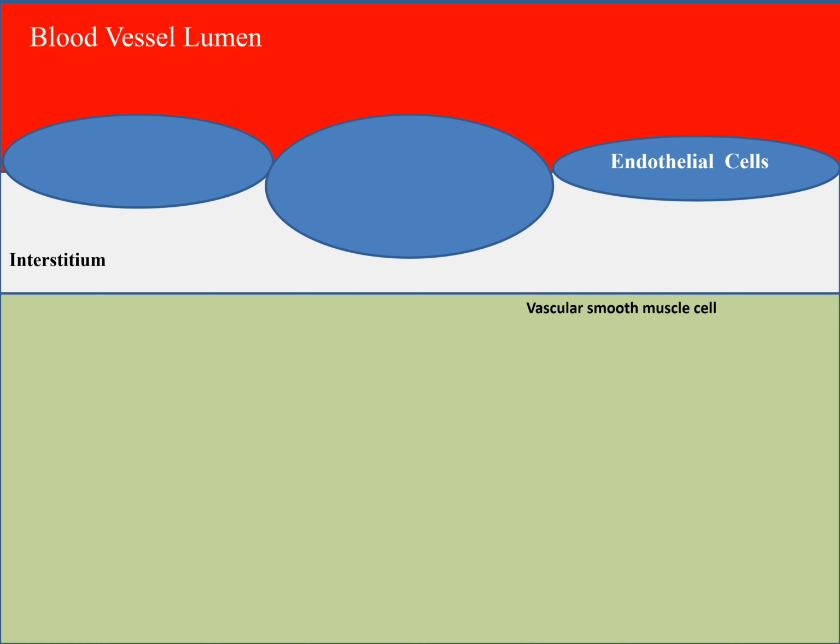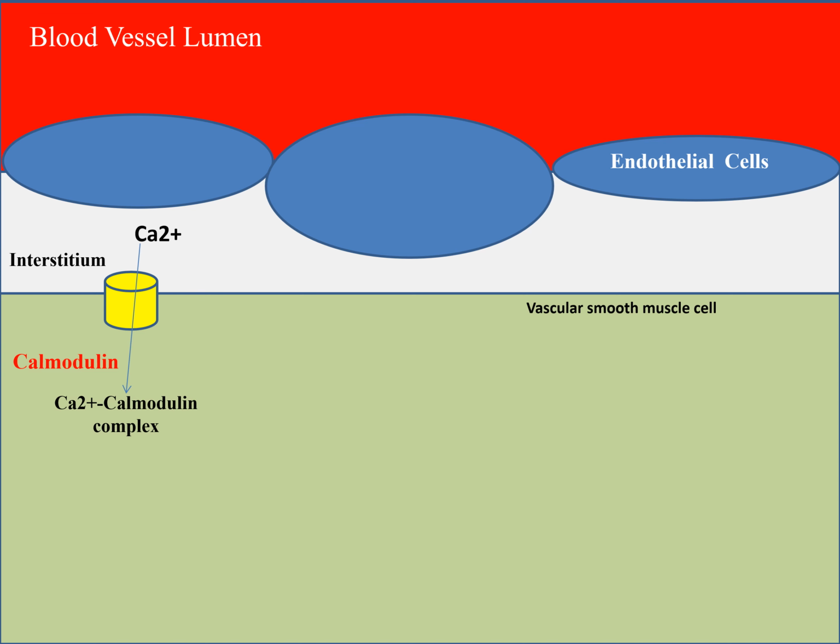In the cell membrane of these smooth muscle cells, we have calcium channels. So the calcium will be coming from the blood, entering through these channels inside the smooth muscle cells. And it will be interacting with calmodulin.